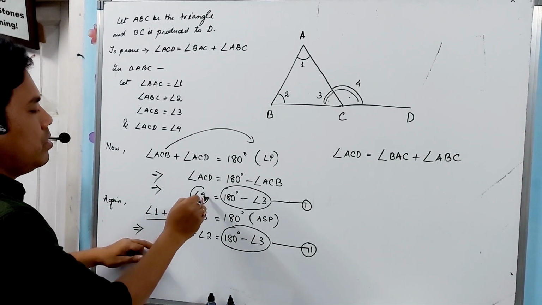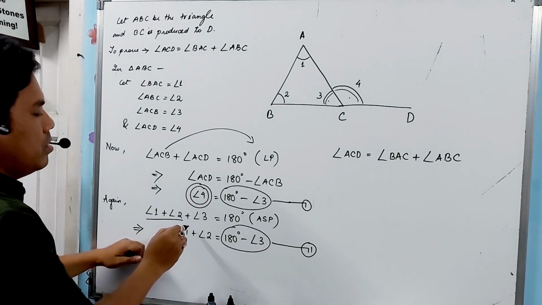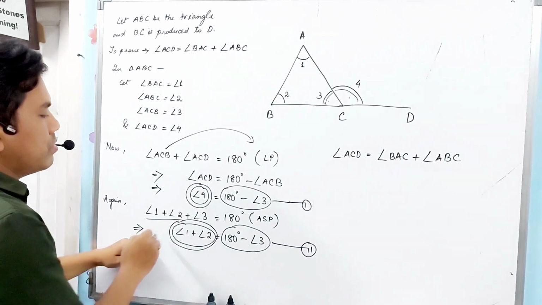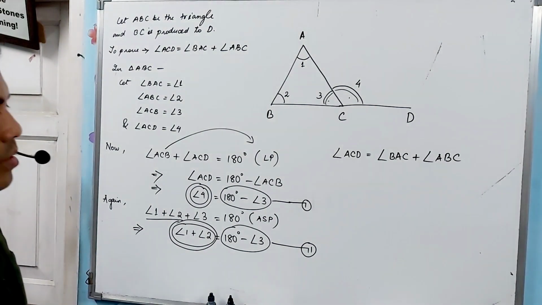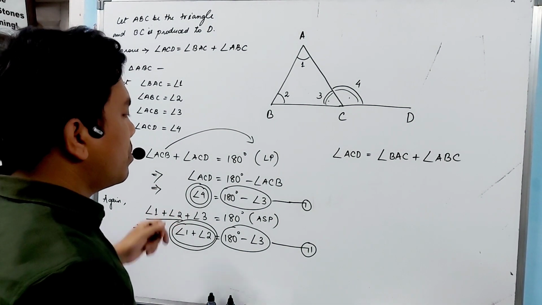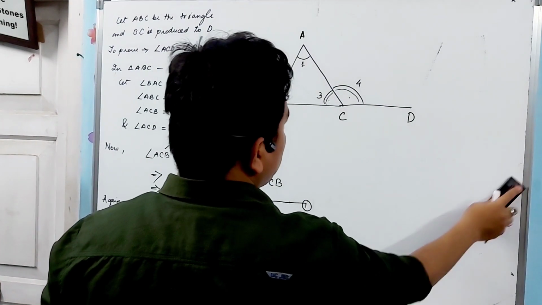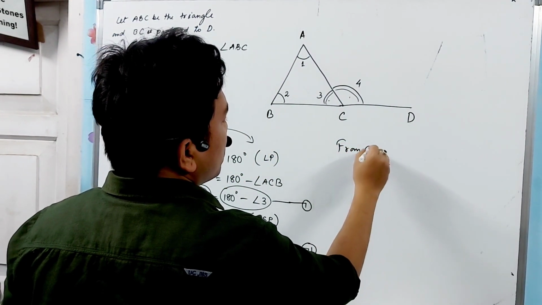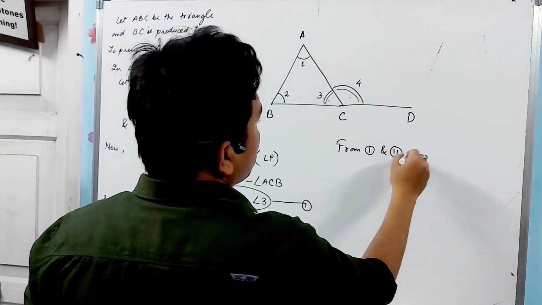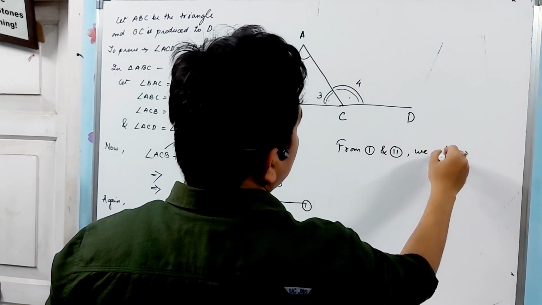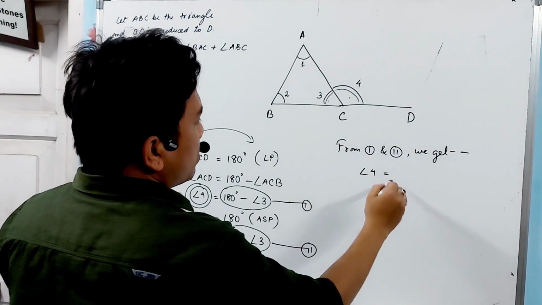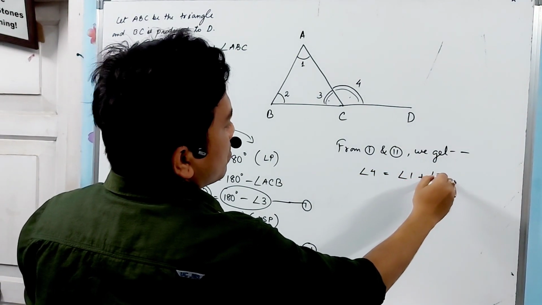So angle 4 is equal to angle 1 plus angle 2. These two angles will be equal. So we can write here, from 1 and 2 we get, angle 4 is equal to angle 1 plus angle 2.